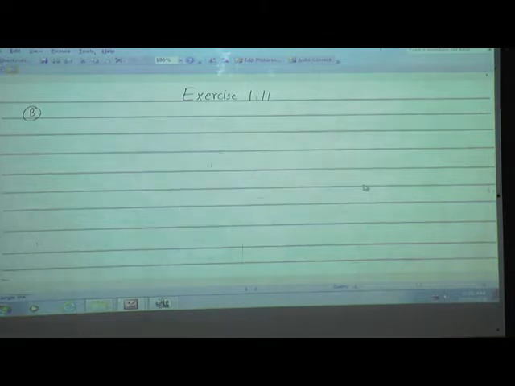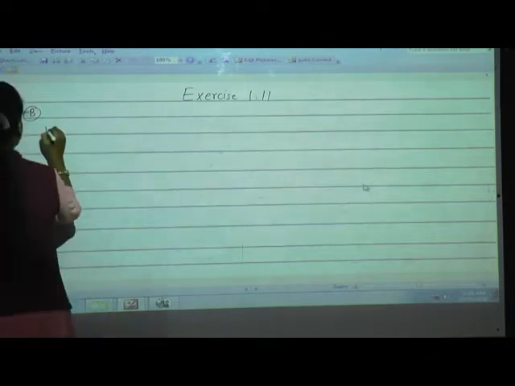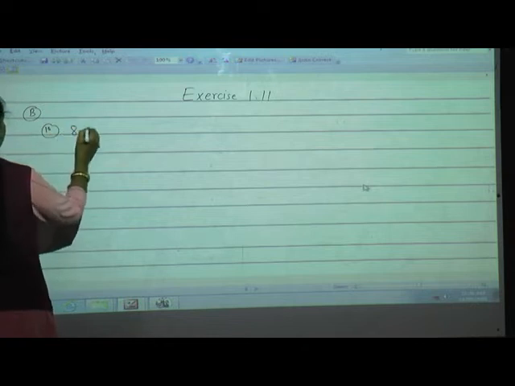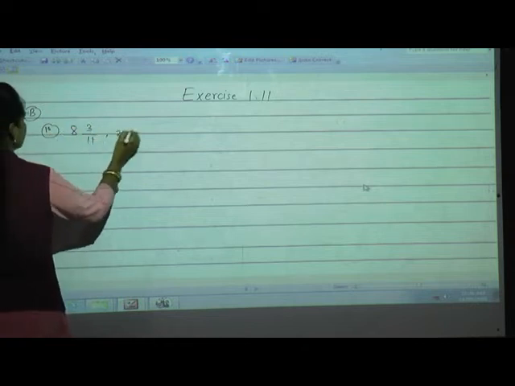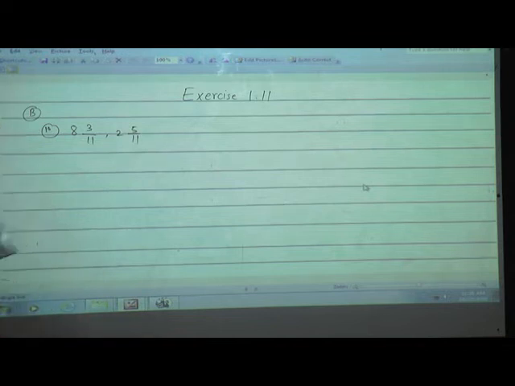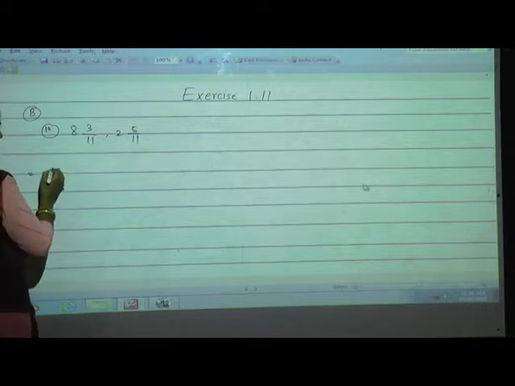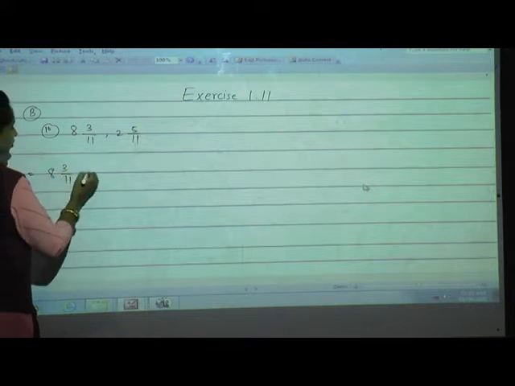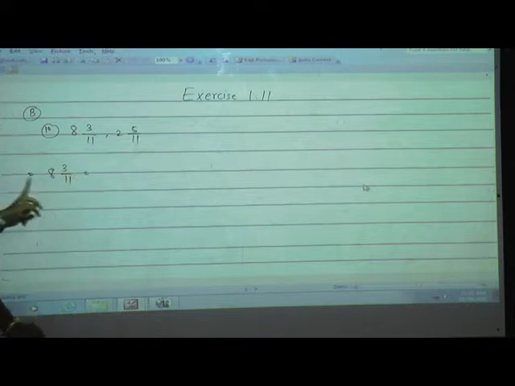Now I will solve 10th one example, last. 8 3 upon 11, 2 5 upon 11. Now see, now we have to convert mixed fractions into fractions.